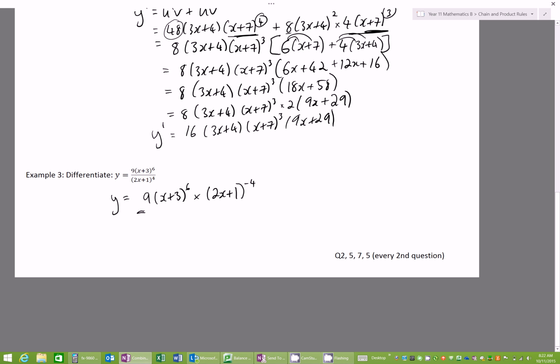I would say that this is u and this is v, and then I'd go about saying I'm going to use the product rule, u times v, where u equals this big thing, the first half, and v equals 2x plus 1 to the power minus 4.